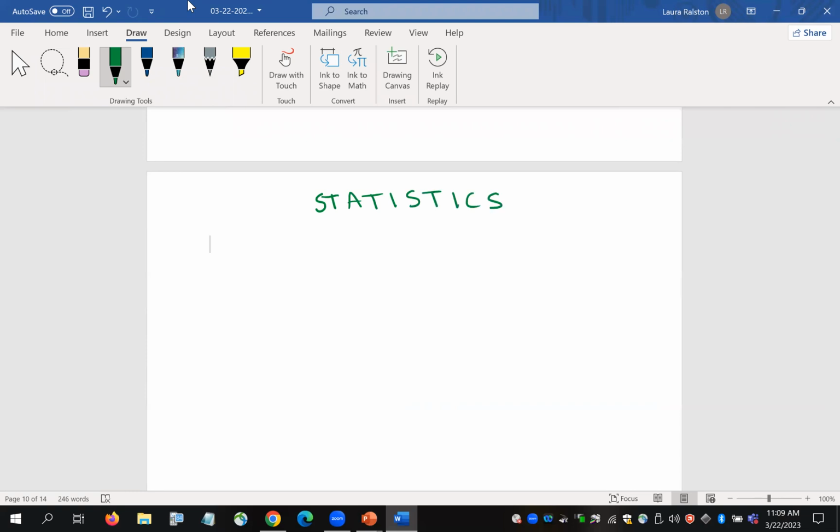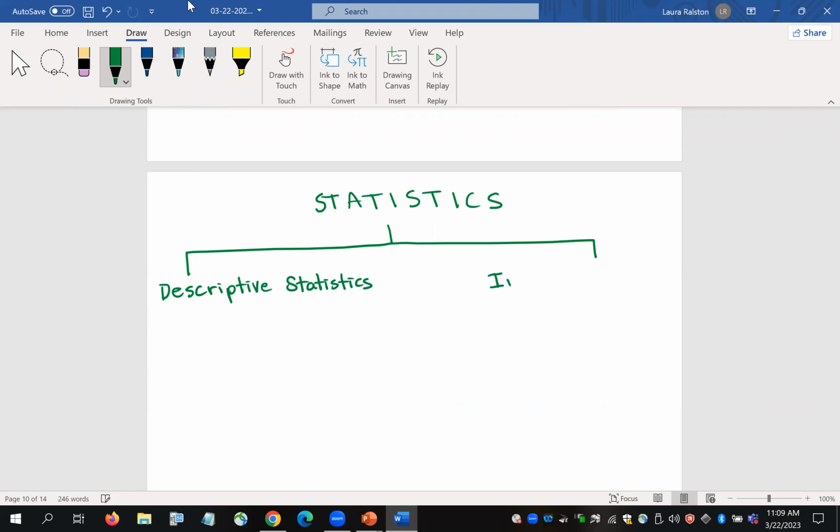In the world of statistics, there are two different branches: one we refer to as descriptive statistics, and the other is what we call inferential statistics.